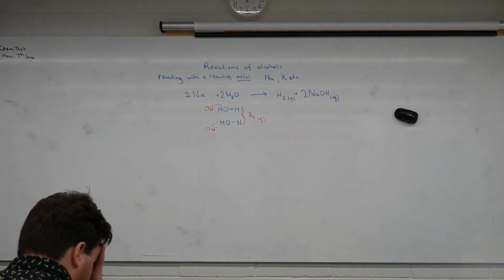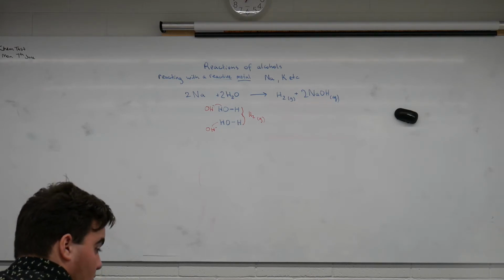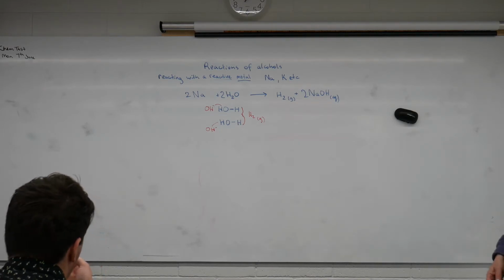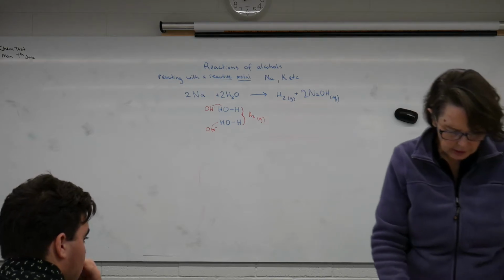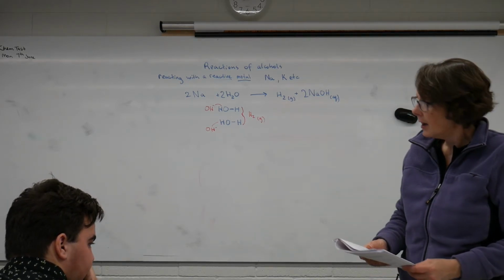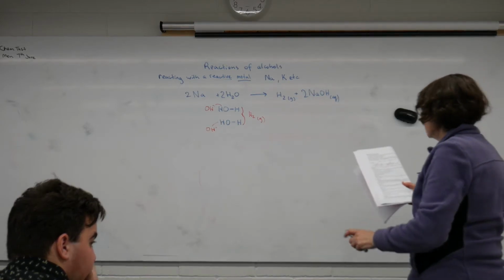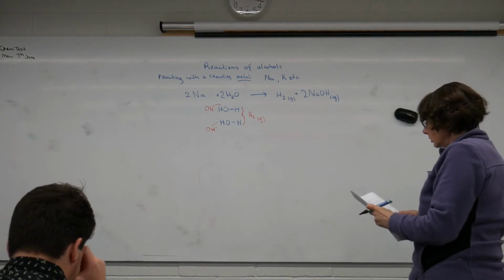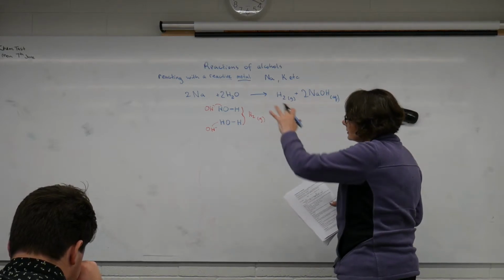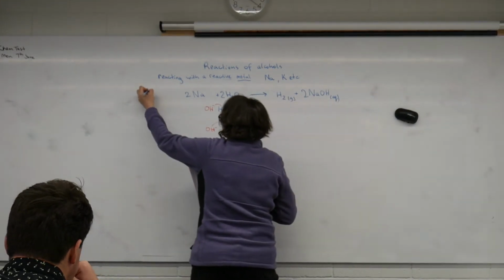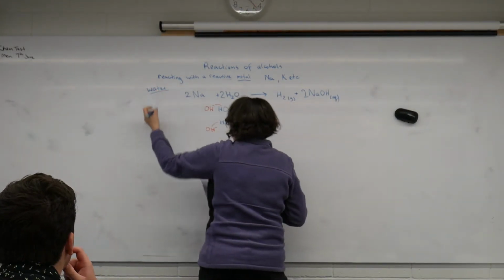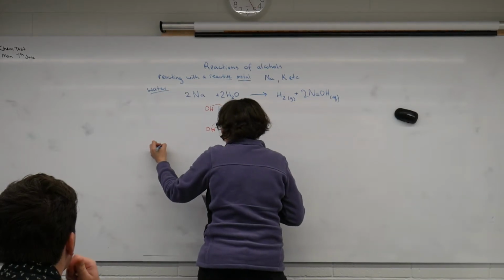So if we're going to react now our metal with our alcohol, we're comparing this to what we did with water, just to remind ourselves of what happens in water. Now what's going to happen with an alcohol?